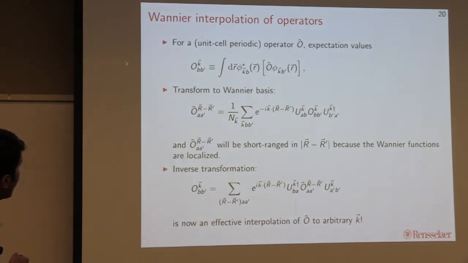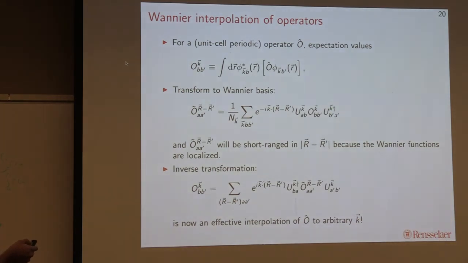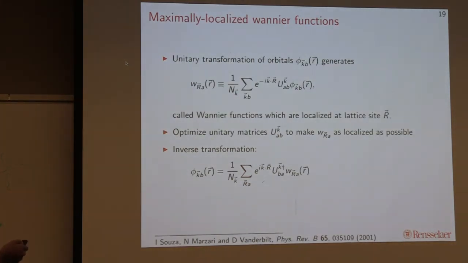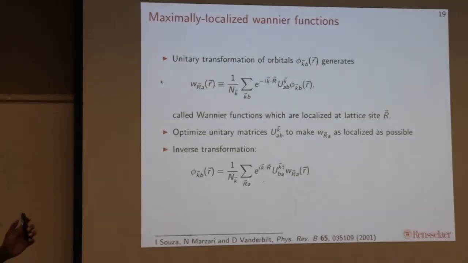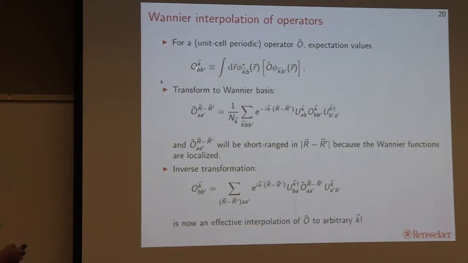orbitals, right? Now the point is, if I now consider my unitary transformations here, I could substitute these orbitals in terms of the Wannier functions, and I could rewrite this in terms of the matrix elements expectation value in the Wannier basis. Right.